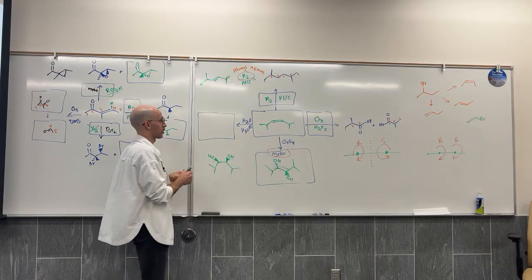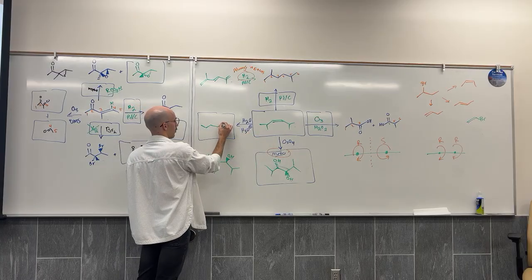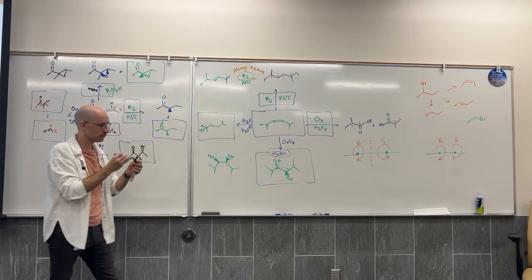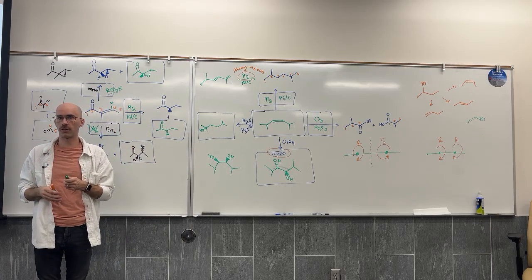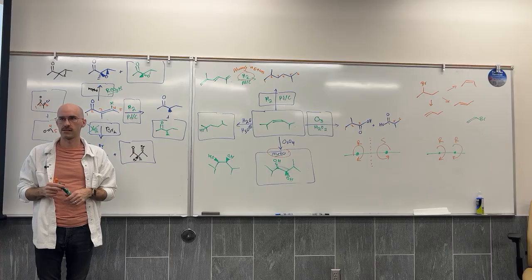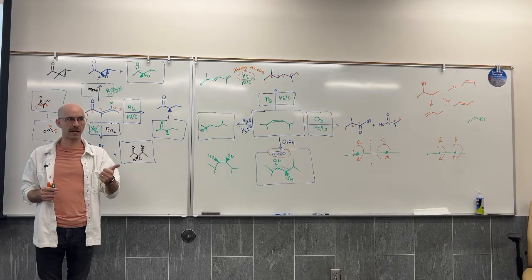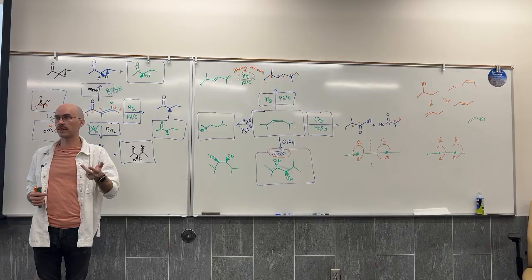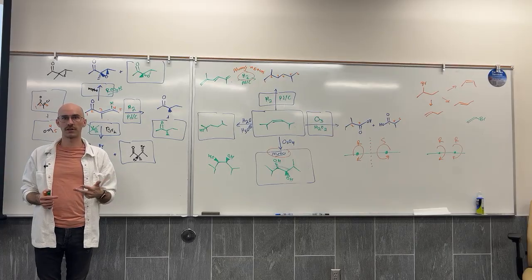So the structure of my final product is this tertiary alcohol, because the carbocation in the mechanism resulted in a rearrangement and the alcohol added on the more substituted carbon.